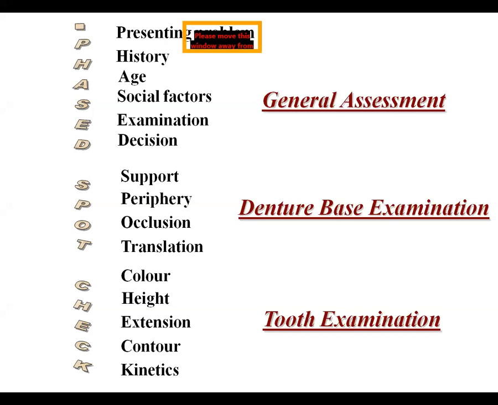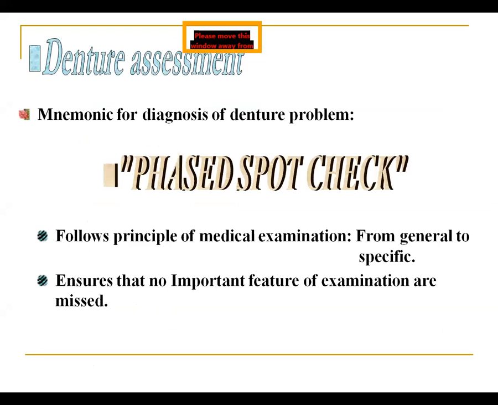For that, we have prepared one mnemonic just to remember. What is that mnemonic? The mnemonic is PHASED, STOP, CHECK. Write down this mnemonic. What is PHASED? PHASED is your general examination.